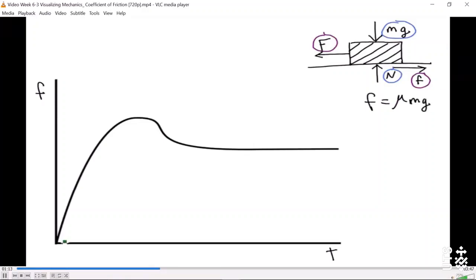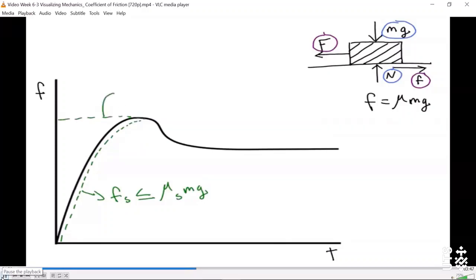Now, if we look at the first part of the graph of our friction force with respect to time, all the way up to the peak, we have our static friction, which is going to be less than or equal to our mu s times mg. And when we reach the peak, our maximum static friction is going to equal our mu s times mg.